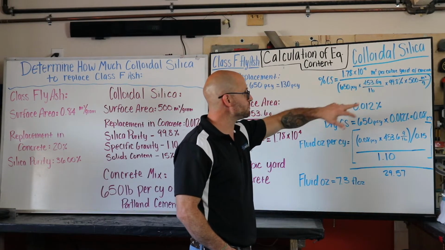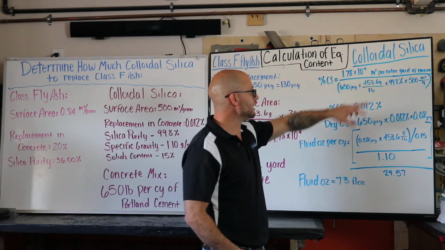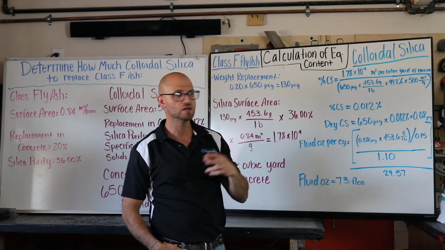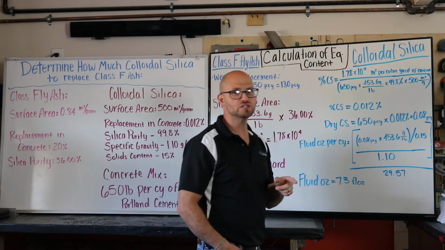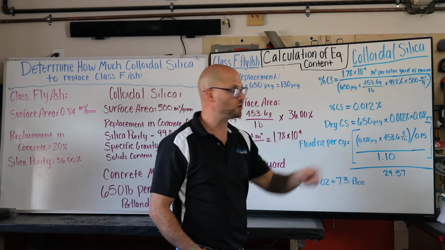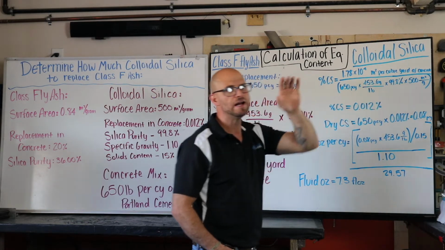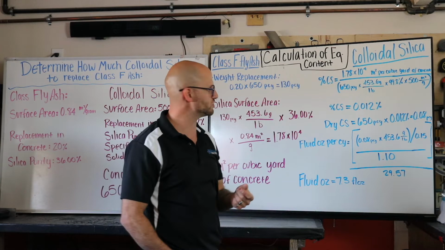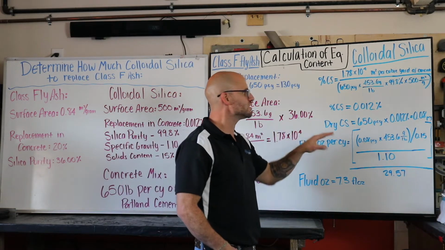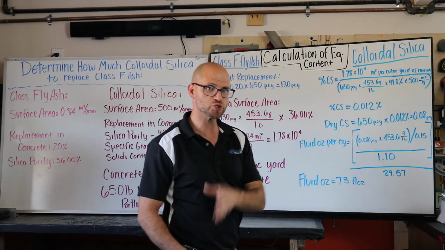So 650 pounds per cubic yard times 453.6 grams per pound times our silica purity, and then multiply that by our silica surface area that our colloidal silica brings, to give us 0.012%.